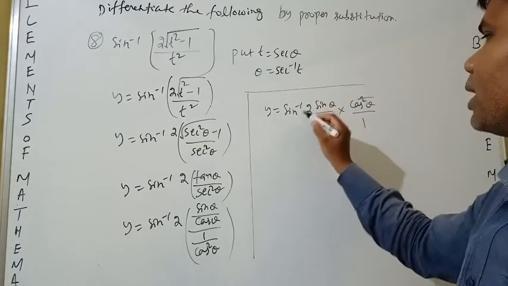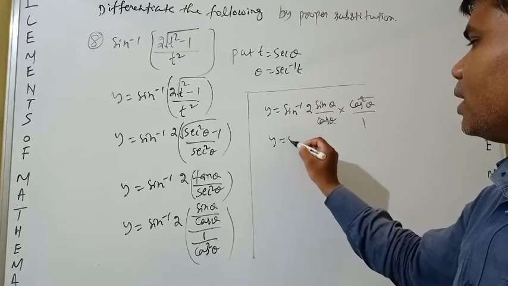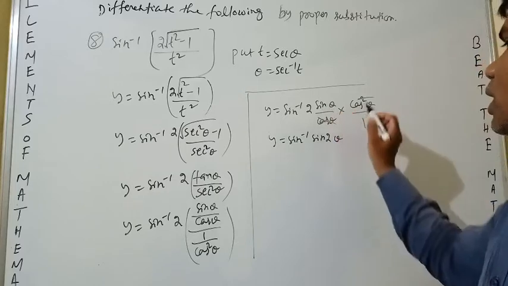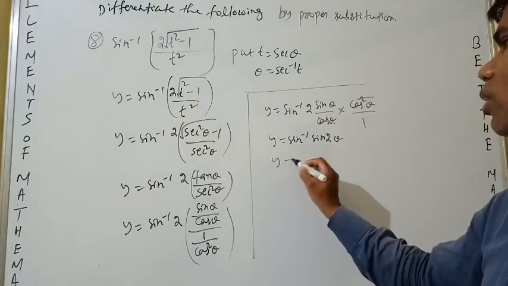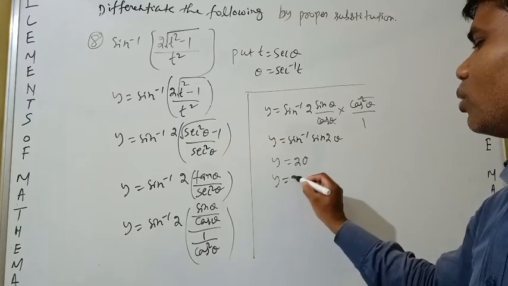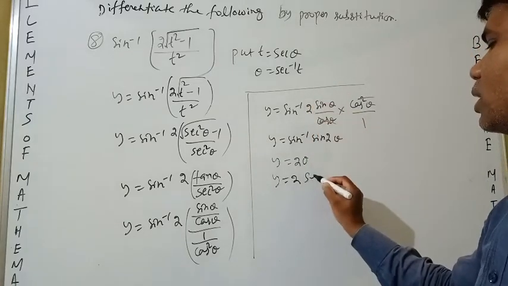Cos square and cos theta will cancel out. Y is equal to sin inverse of 2 sin theta into cos theta, that is sin 2 theta. Y is equal to 2 theta, okay, y is equal to 2 theta, where theta is equal to sec inverse t.